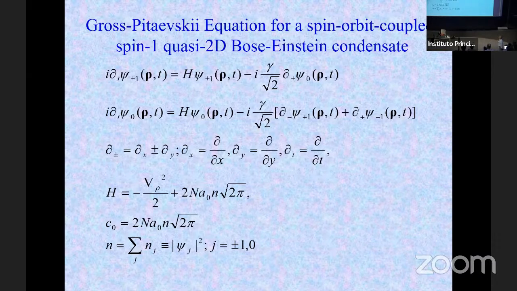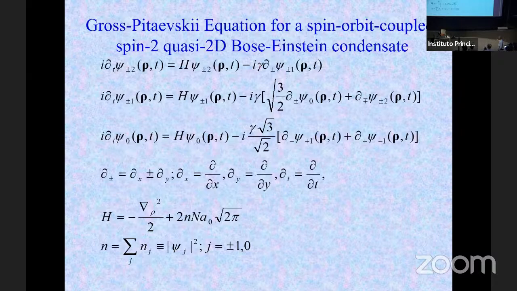N is the total density, and it has 3 components. And C0 is the nonlinearity. Spin 2 is technically more complicated, but it's a similar set of equations for the spin 2 BEC.